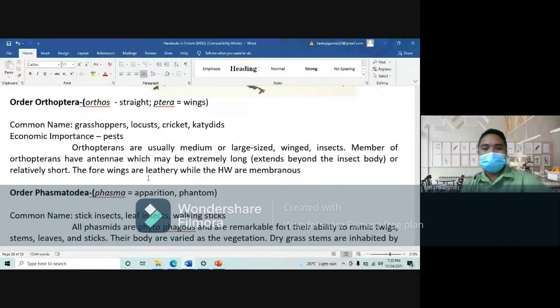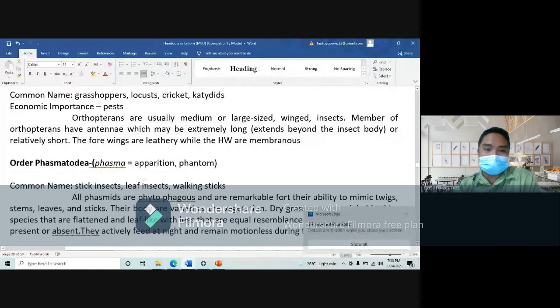Okay, the forewings are leathery, while the hind wings are membranous. So that is order Orthoptera. So ang iyang example sa order Orthoptera is katong example nato kagaina, ang grasshopper.